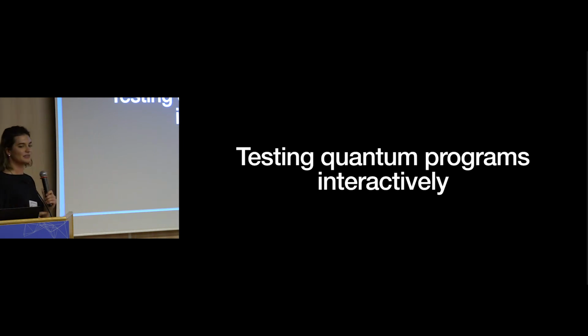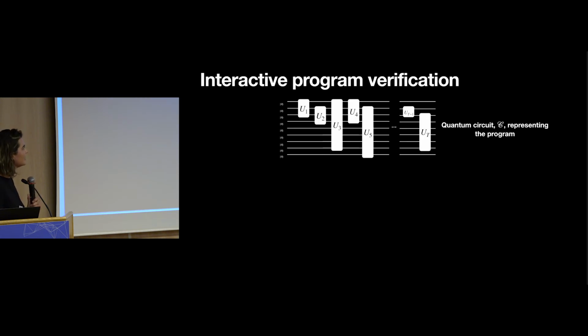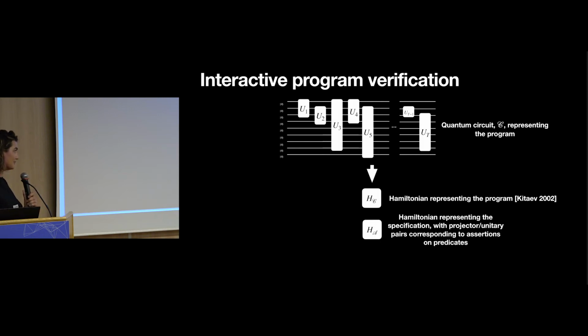But let's go through our idea for how we could adapt some of the intuition gained from complexity theory. Again, we have some quantum circuit, and this represents our program. We can write down a Hamiltonian that corresponds to that circuit using a Kitaev circuit Hamiltonian reduction.